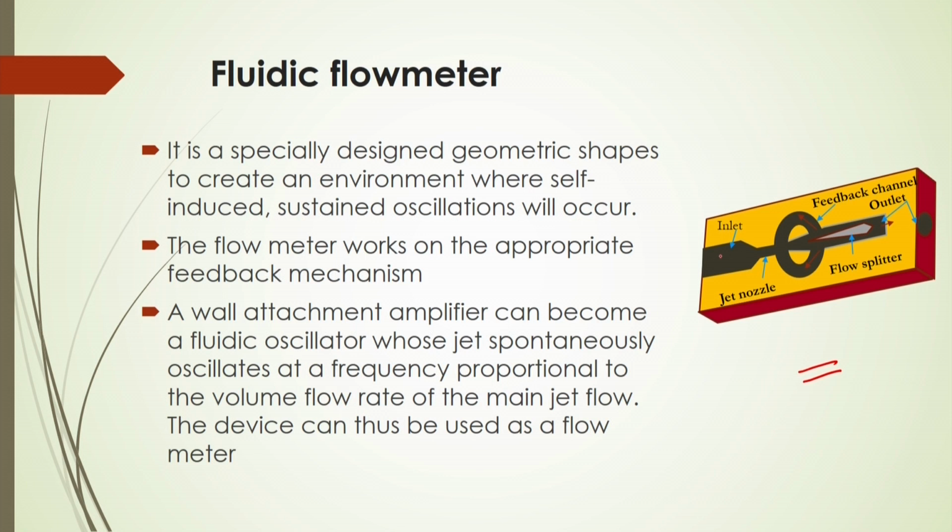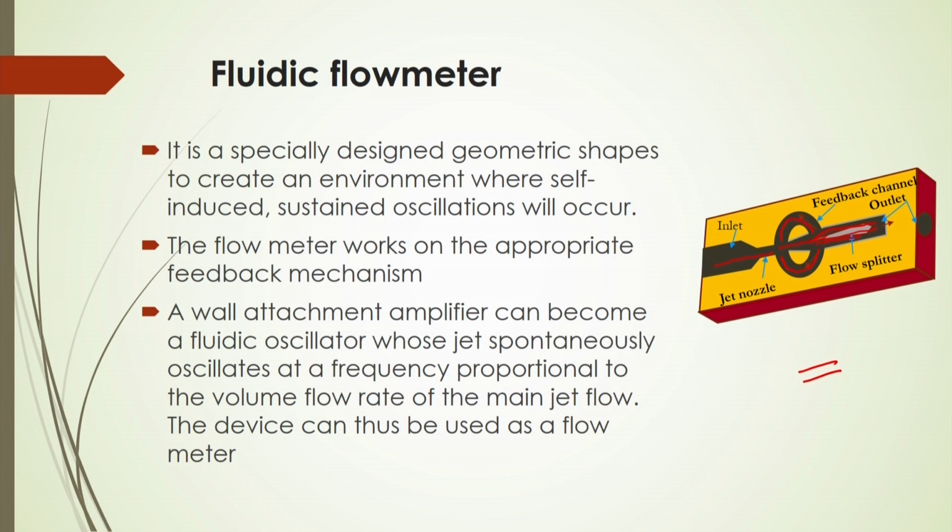Whenever the fluid flows through the nozzle, it passes through the diverging sections, dividing, and then a feedback path is used, and through this feedback path there will be a flow of fluid, and oscillations will be made. After amplifying these oscillations, they are called fluidic oscillations, made by a fluidic oscillator.